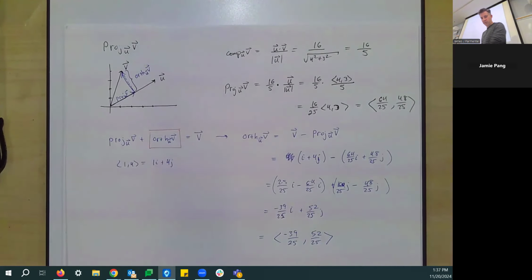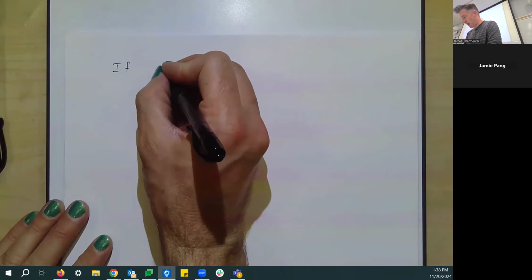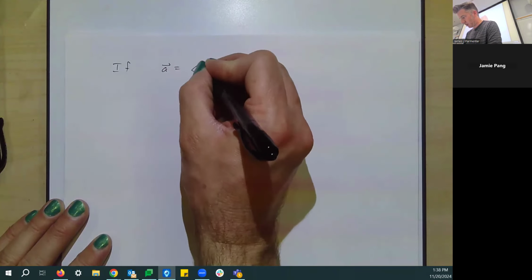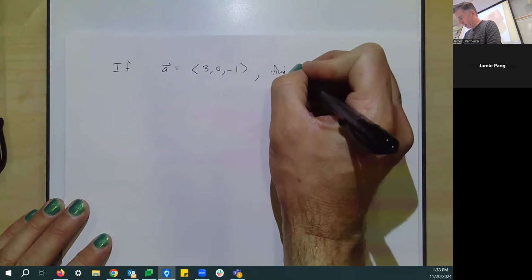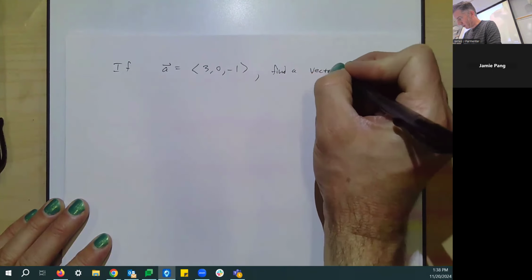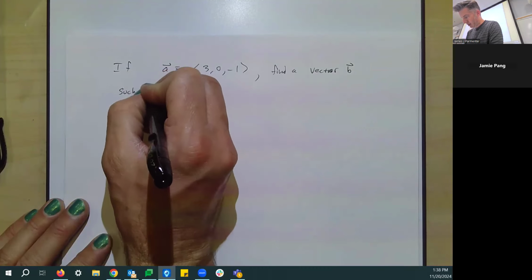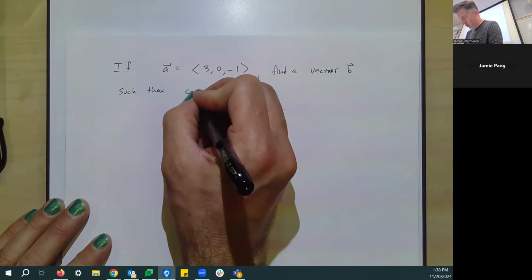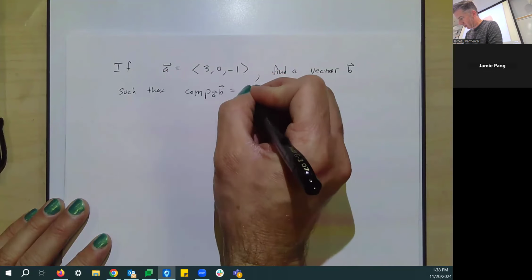One more projection thing. Here's a question that I've seen in the past. If the vector A is equal to 3, 0, negative 1, find a vector B such that the component of B onto A is equal to 2.